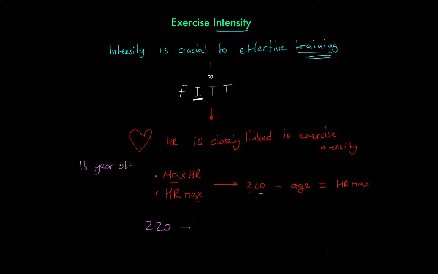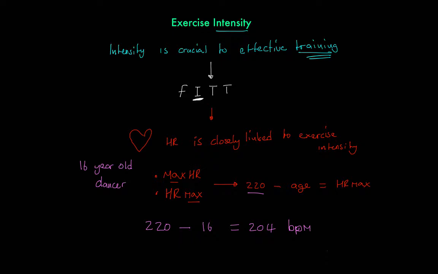So we have got 220, and we're going to take away the age of that performer, which is 16, and that of course is going to give us a maximum heart rate of, not so surprisingly, 204. Now I'm going to say, first of all, 204 is not enough. We want to be specific. 204 beats per minute. We must put that in there.